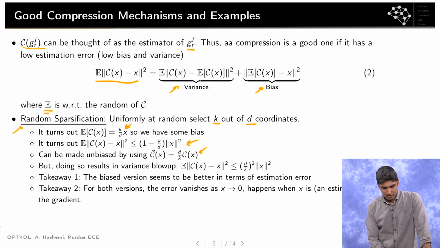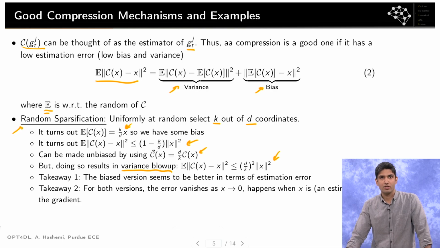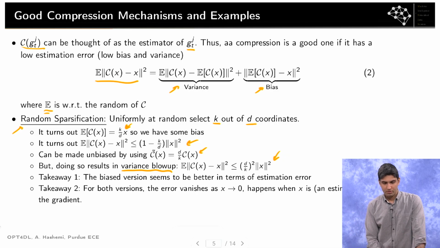But doing so is going to lead to an increase in the variance. Specifically, we can show with some calculation that the total estimation error, which in this case is only due to variance, is going to be proportional to (d over k) squared. And d over k you could think of as a very large number, for instance, 100 or 1,000. So that basically means that this unbiased random sparsification strategy may not be as good as the biased one.